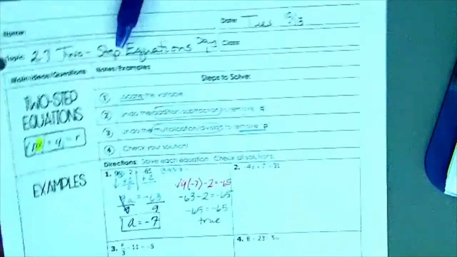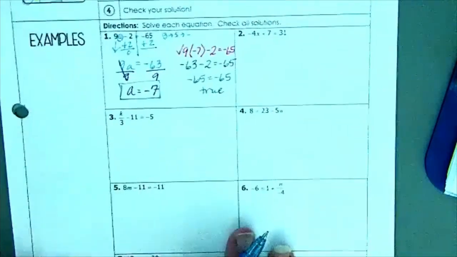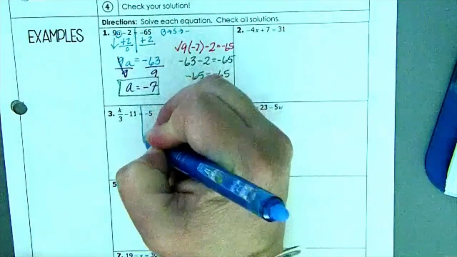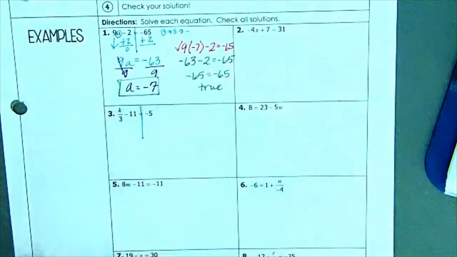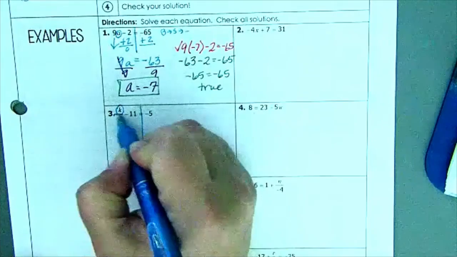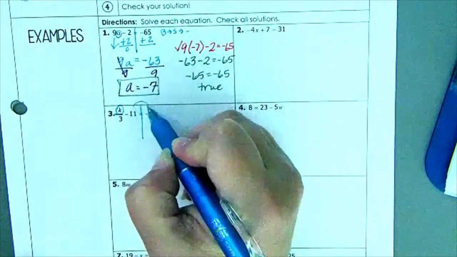Next example. My pen's out of the way here. Looking at number 3. Again, I'm going to draw my equation wall because what I'm doing is trying to move everything to this other side. So what's farthest away from my K? Put a line there so you know that's division. It's the 11. Remember, I'm trying to move that to the other side.